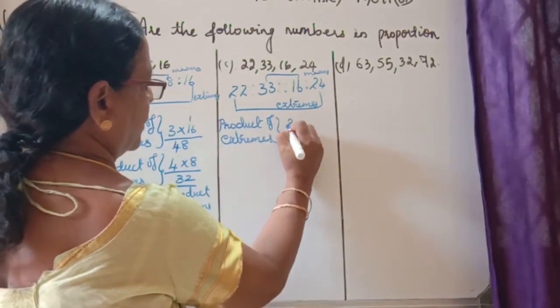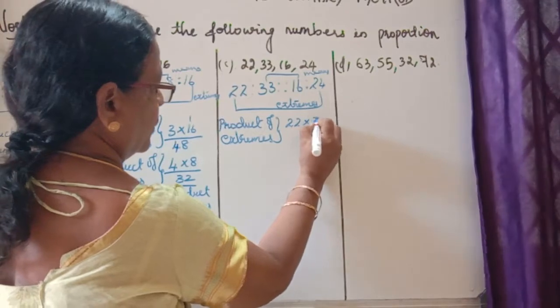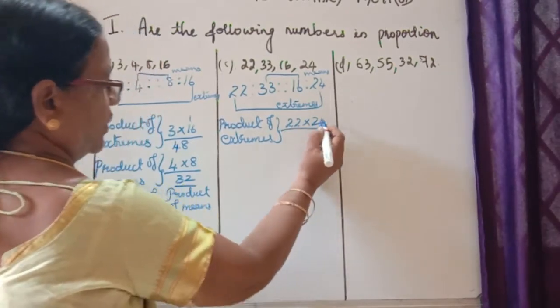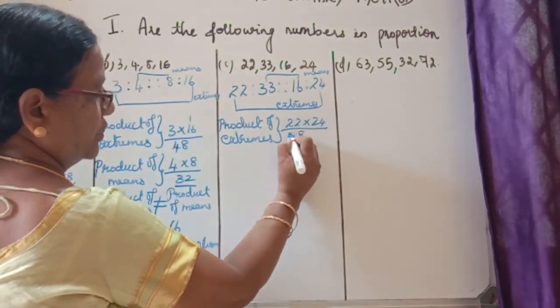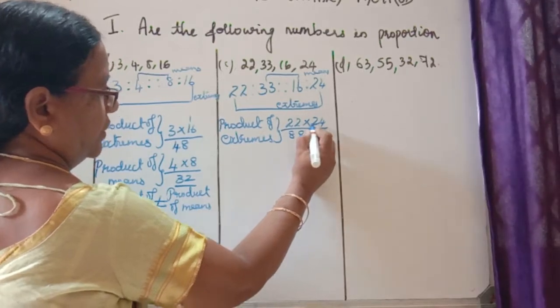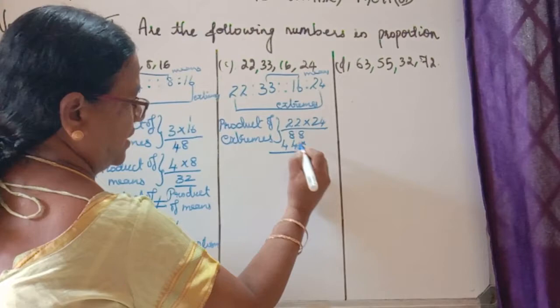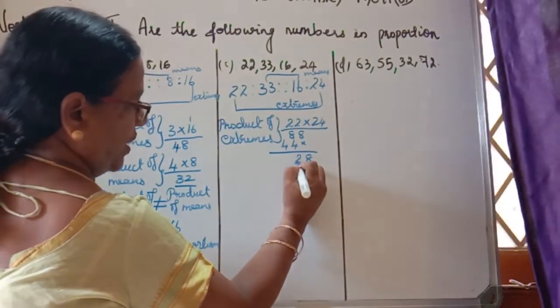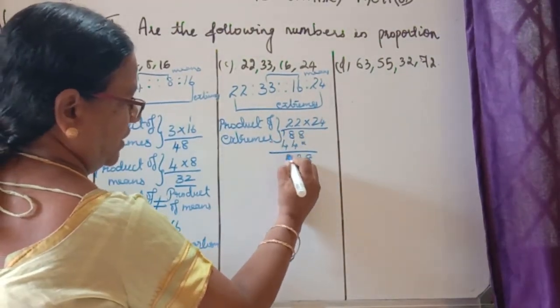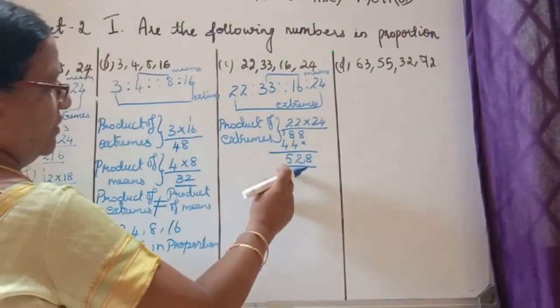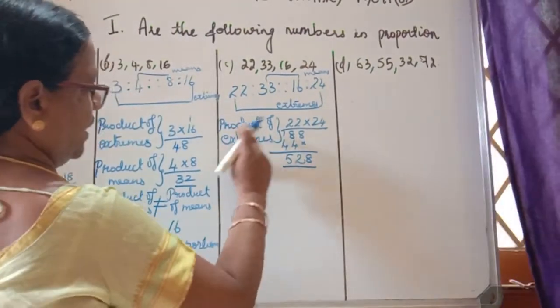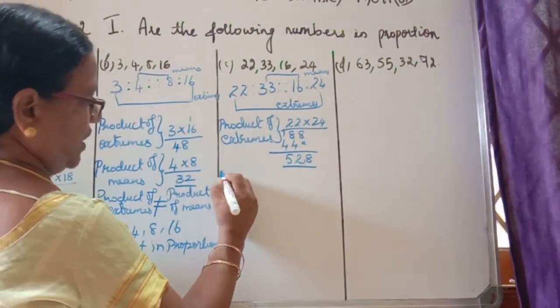What is that? 22 into 24. 2 4s are 8. 4 2s are 8. 2 2s are 4. 2 2s are 4. Add it. 8. 8 plus 4, 12. 2. Remainder 1. If we add 5. So 528 is the product of extremes.